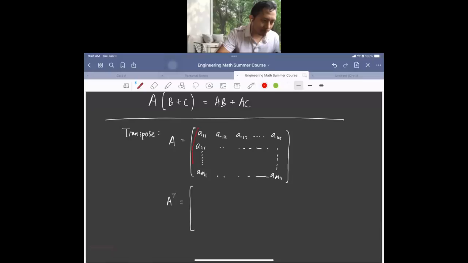What we're going to do is make the first column become the first row.